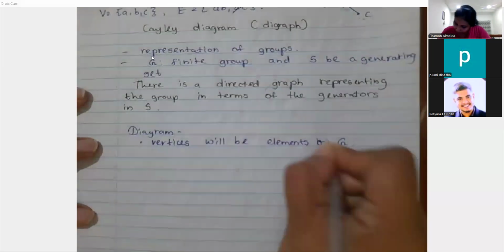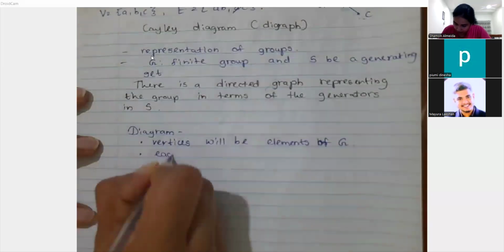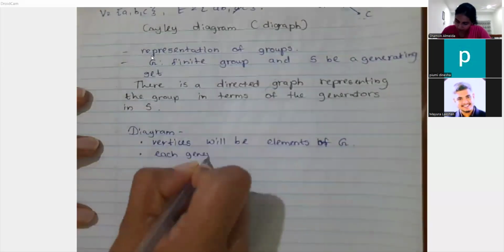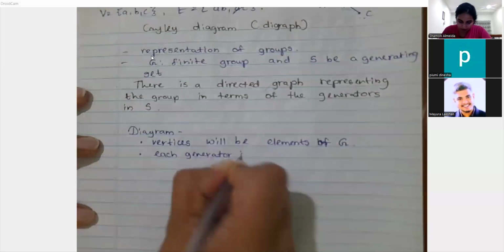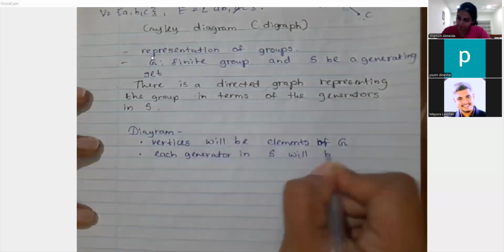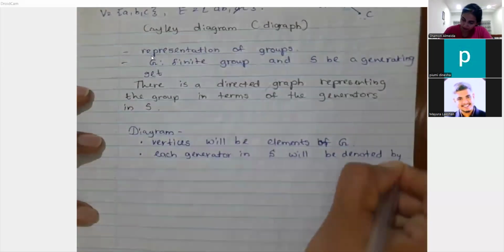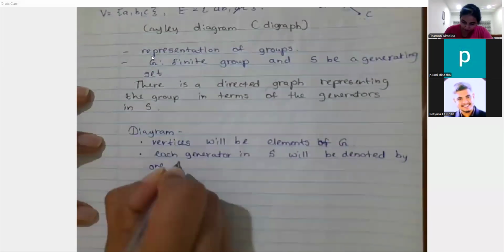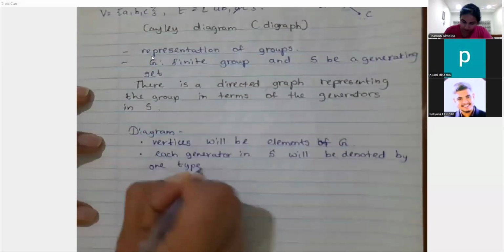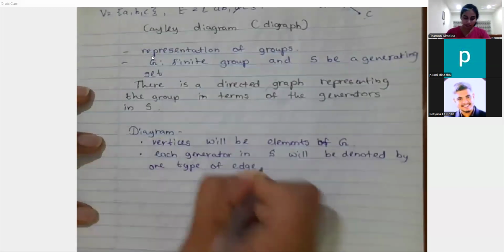And then each generator in S will be denoted by one type of an edge. One type of an edge.